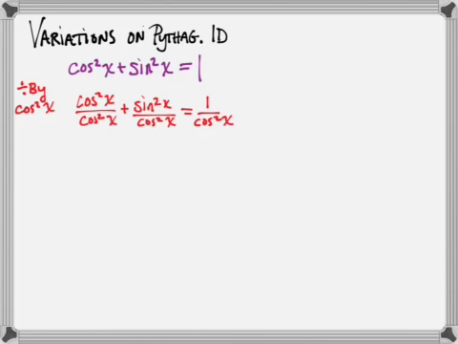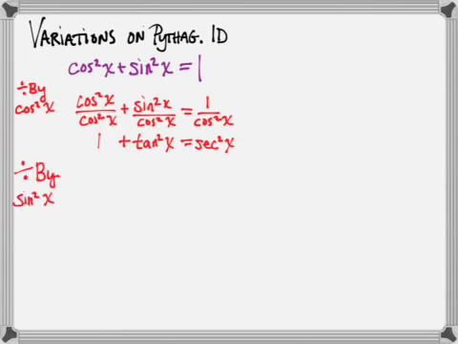I can divide by the same thing on both sides and still be equal. But now I can simplify a little bit. Cosine squared x over cosine squared x is what number? 1. Sine squared x over cosine squared x, that's another trig function. It's tangent squared x, and 1 over cosine squared x is secant squared x. So I get 1 plus tangent squared x is secant squared x. So that's my first variation on the Pythagorean identity.